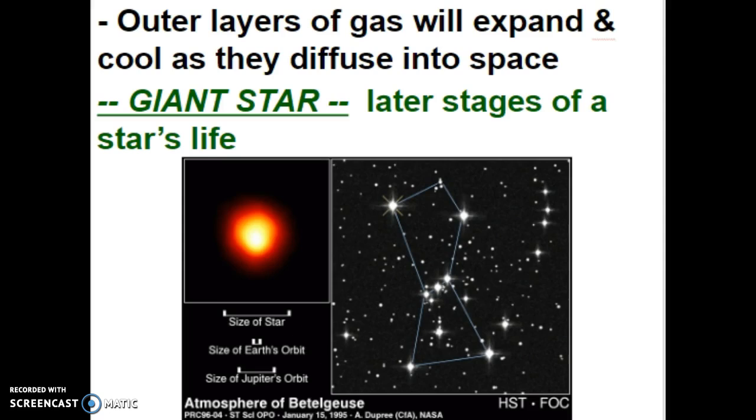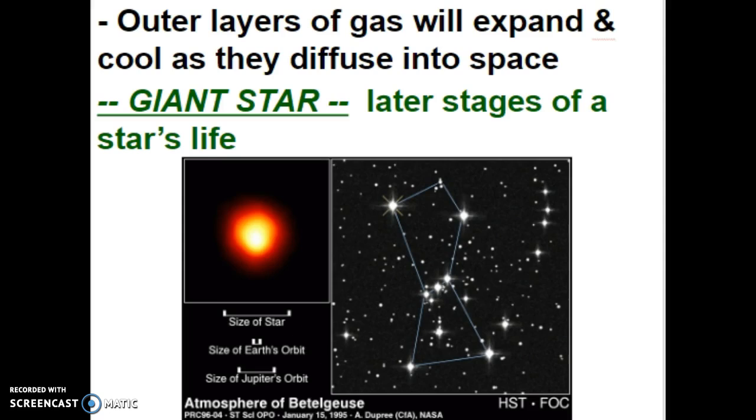Those gas particles will become a nebula at some other point to generate another star. But after all of the hydrogen is gone, a star expands and becomes what we call a giant star. This is the later stage of a star's life. Depending on the original size of the nebula, we can also get super giant stars if they come from very large nebulas.